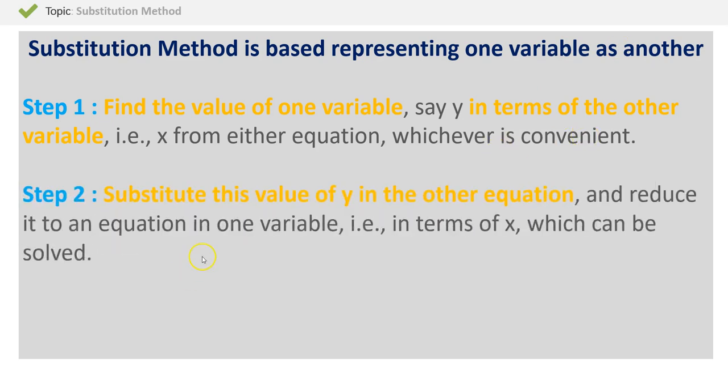Then the next step will be to substitute this value of y in the other equation, the equation other than the one which was convenient for you to get the value of y in terms of x. Apart from this, there is one more equation. Use that equation and substitute the value of y in that equation. Reduce it to an equation in one variable, that is in terms of x, which can be solved.